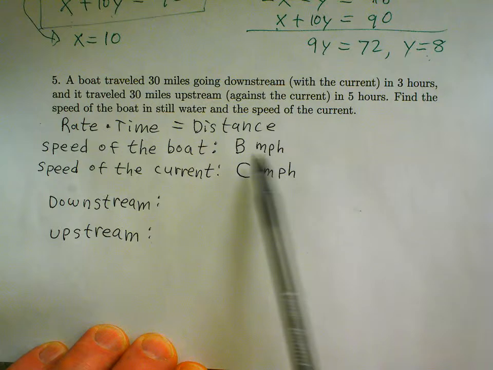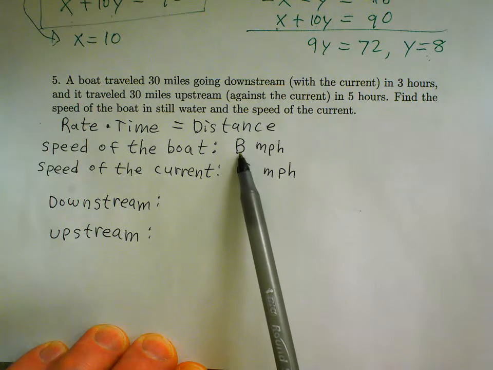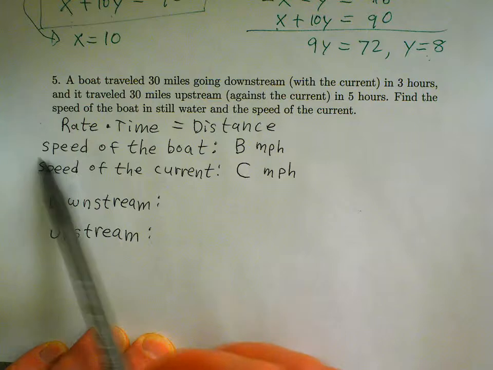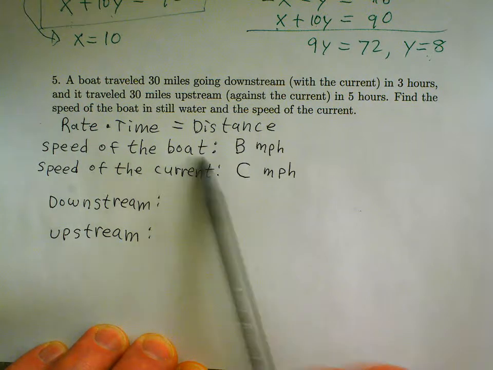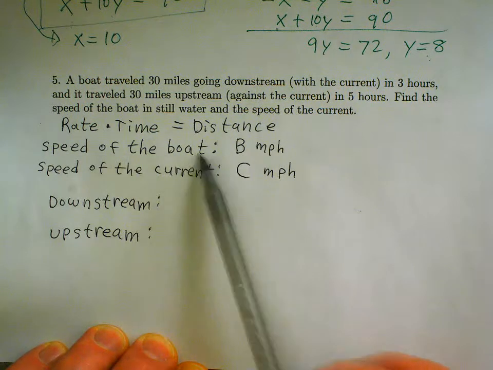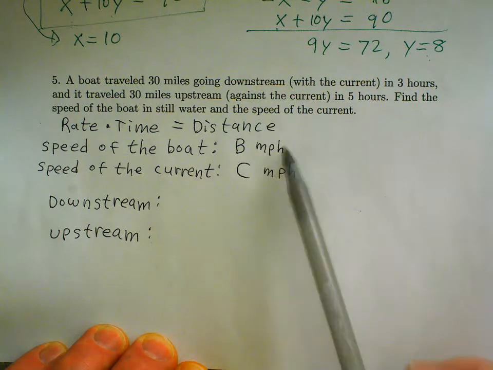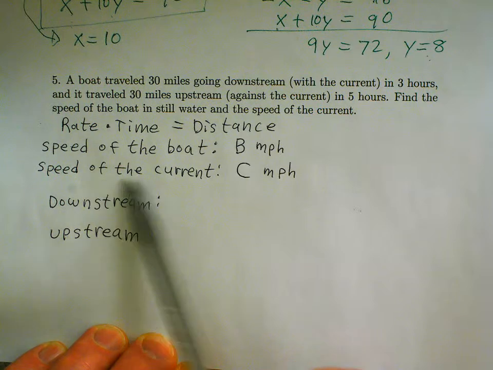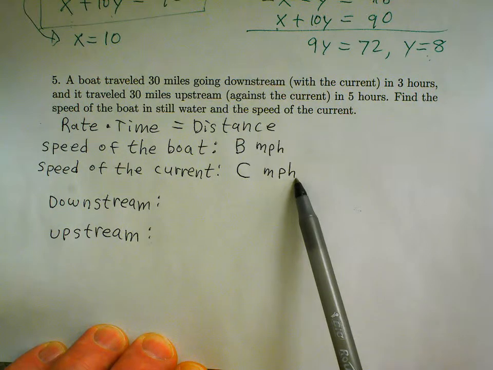Well, the rate will be faster than the boat would travel in still water. That's what the speed of the boat is referring to. The speed of the boat in still water is b miles per hour, and the speed of the current is c miles per hour.